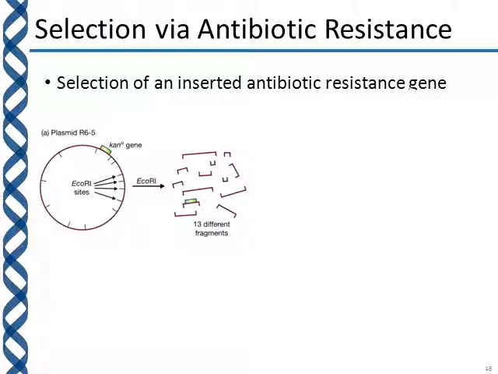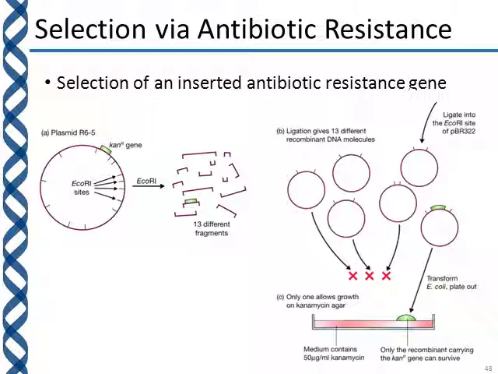So to select an inserted antibiotic-resistant gene, here's an example where we have plasmid R6-5, which contains a kanamycin-resistant gene. Digestion with EcoRI results in 13 different DNA fragments.